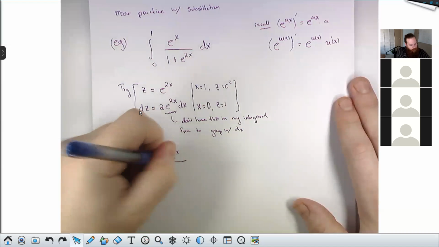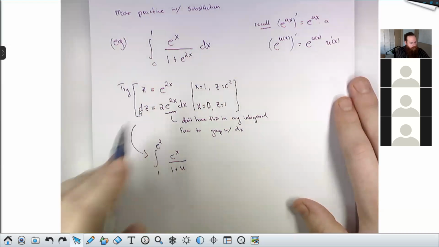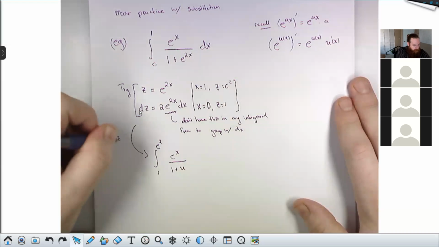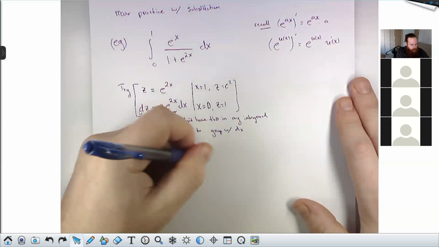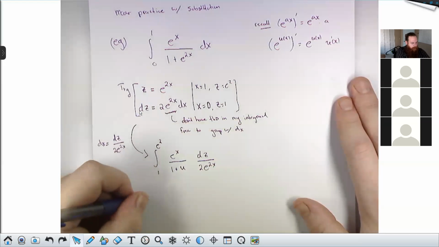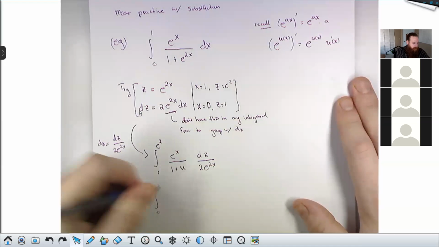I would have 1 plus z down here. And then if I solve that for dx, it would be equal to dz over 2e to the 2x. So I would have dz over 2e to the 2x. And I could try to make this work.